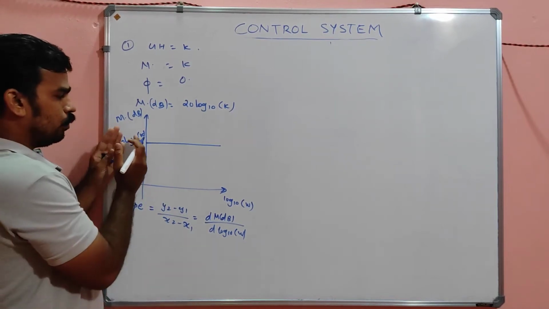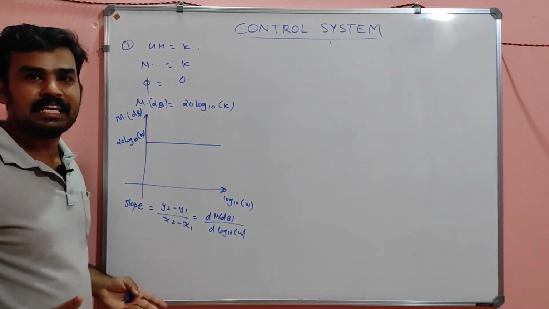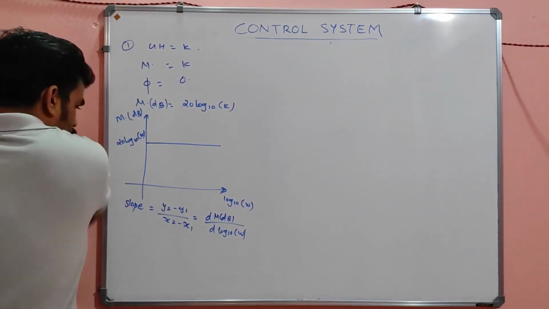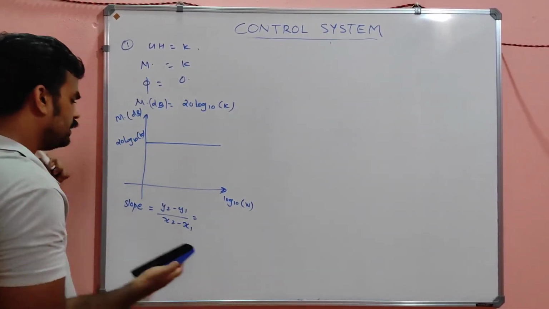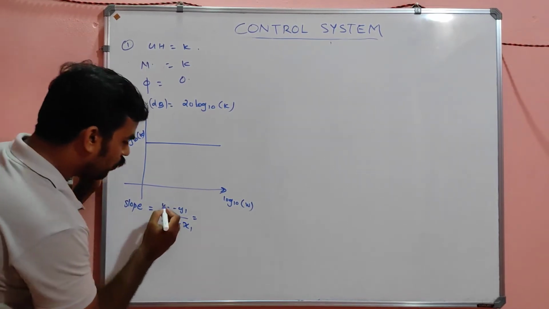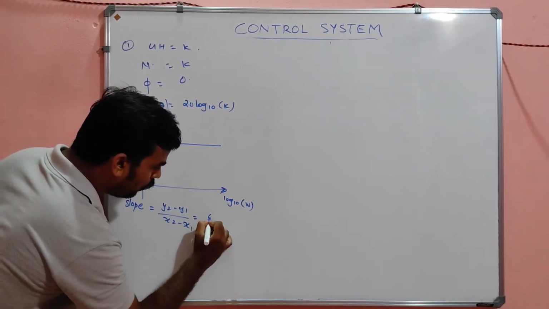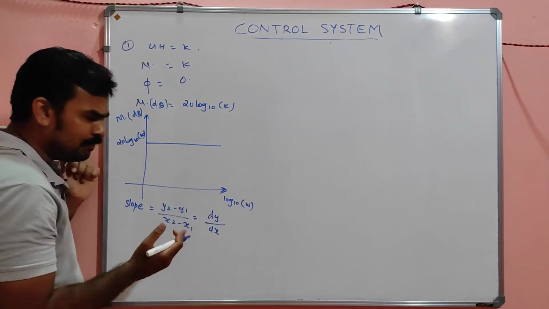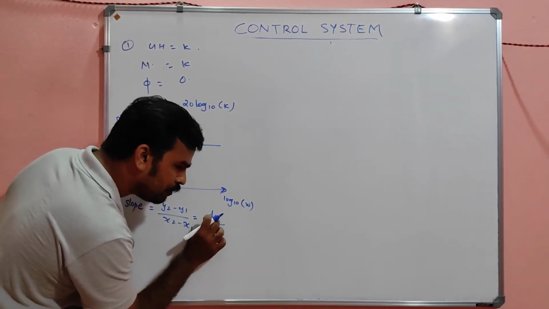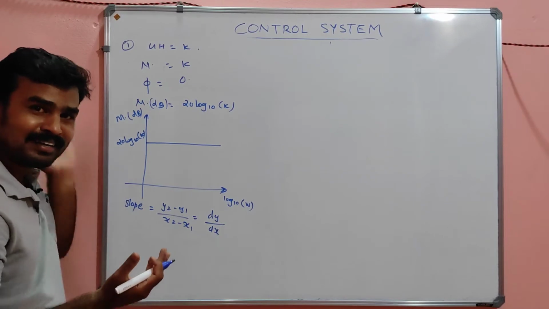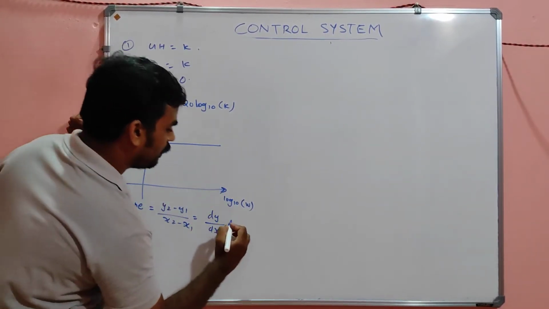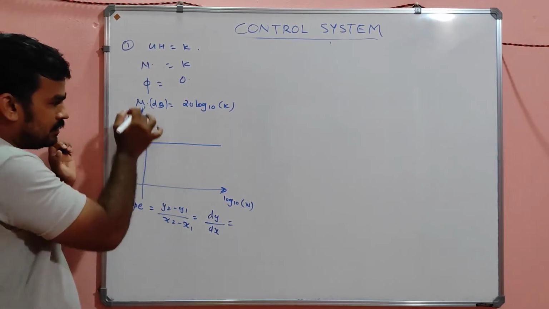Y coordinates divided by x coordinates, the derivative. y2 minus y1 by x2 minus x1 can also be written like dy by dx, which is nothing but the derivative of the y coordinate divided by the derivative of the x coordinate.